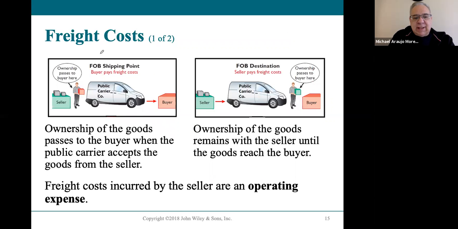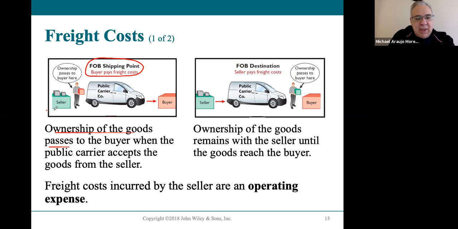So here is a visual explanation of the freight costs that are involved. The most common is what we went over earlier, FOB shipping point. That means the ownership of that inventory passes to the buyer at the shipping point.